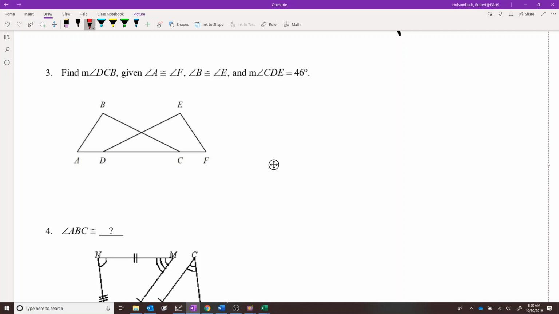Alright, number 3. Find the measure of DCB. So let's find it first. Here's DCB. We're looking for this angle.